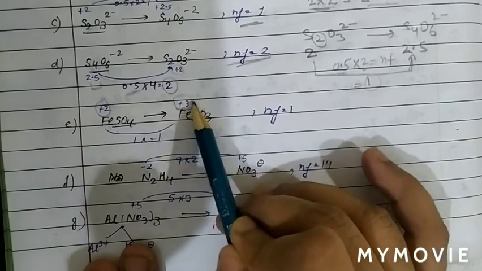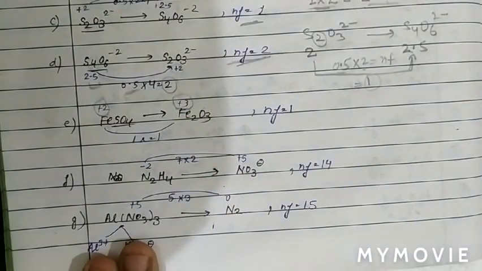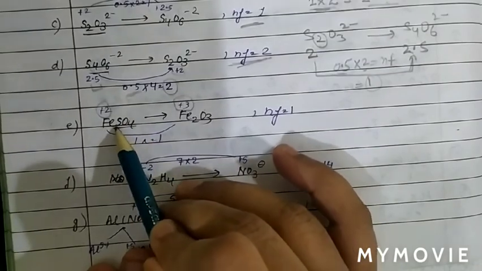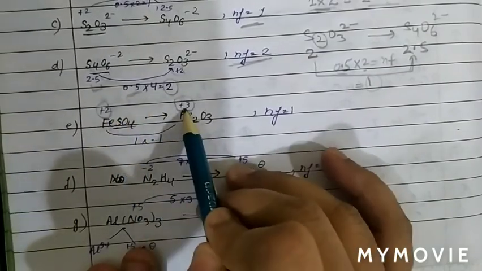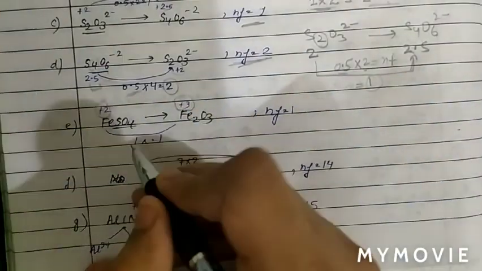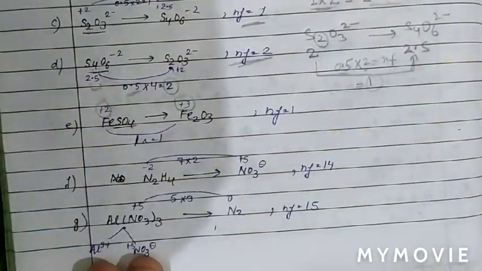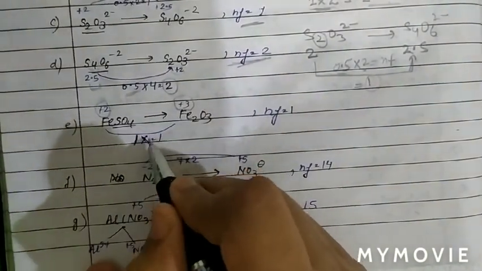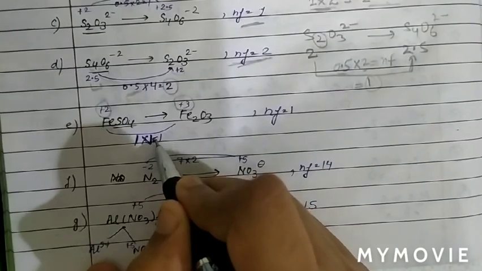So the oxidation state of iron changes from +2 to +3, a change in oxidation state of 1. And how many iron atoms are present on the left-hand side? Only 1. Therefore multiply by 1. So 1 into 1 equal to 1. Therefore the n factor for this reaction is 1.